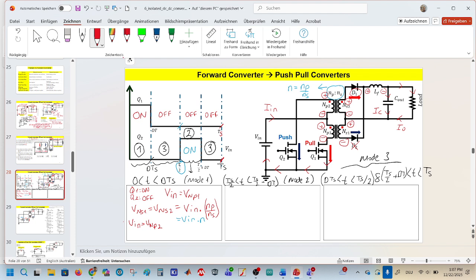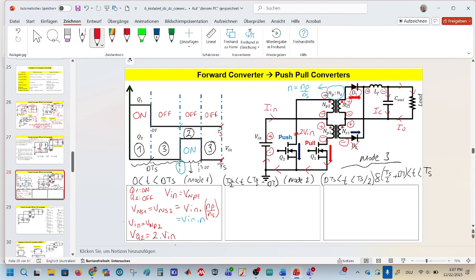That means we have KVL rule can be applied. For example, for this winding, the minus input voltage minus again input voltage would be, maybe we can define this voltage also like that.